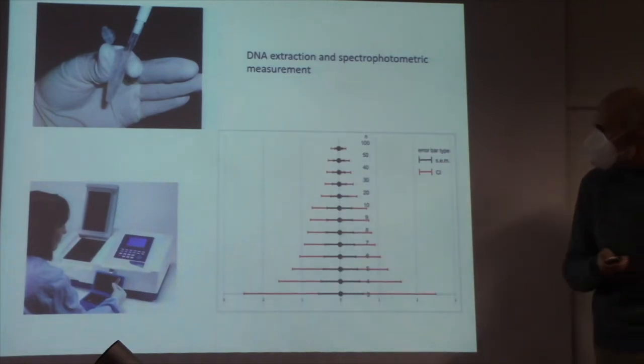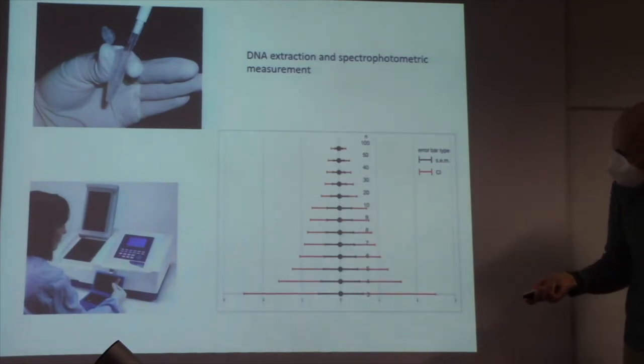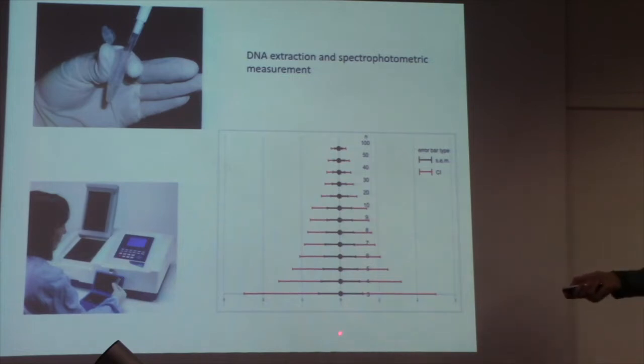So if you measure the amount of DNA, we are actually talking not about simply spectrophotometry. We're talking about the whole method. So you have to extract it and measure it every time. So you have to make the experiment 3 times in order to measure 3 times the amount of DNA. And if you do it 3 times, this is the average, this is the standard error of the mean, and this is the standard deviation.